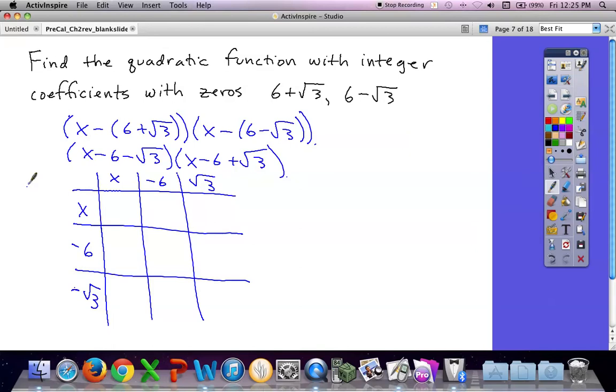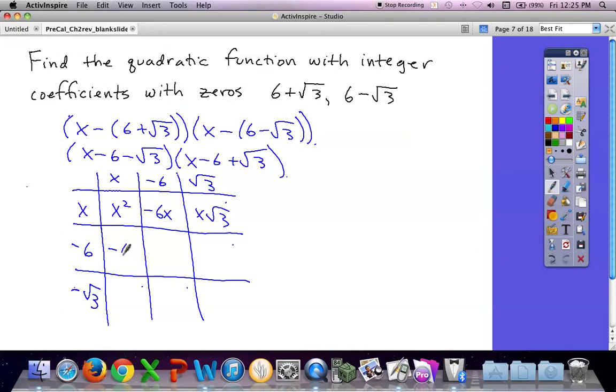Now, just like when we do the imaginary zeros, these four cells are going to cancel. They have to, because they've got to get rid of all the radicals. I'm going to fill them in this time, but you can be sure when you do this that those 4 are always going to cancel each other out. So let's do this. x squared, minus 6x, and x times the square root of 3.